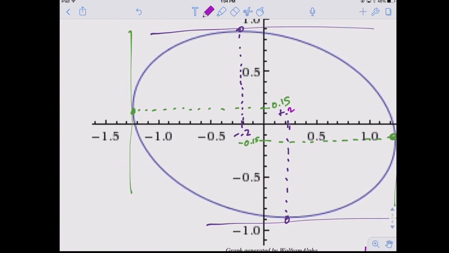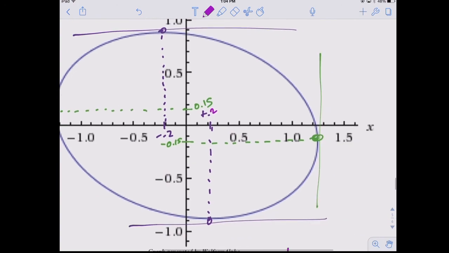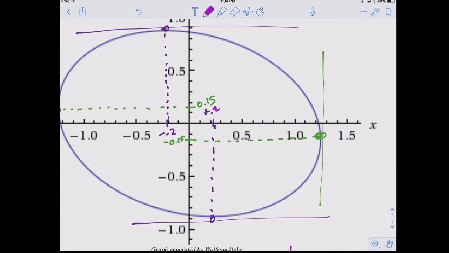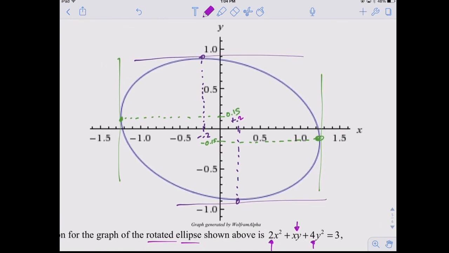So if you go up to 0.15 and go to the left, there you see your vertical tangent, and then by symmetry you go down and go across, and you see that you have your vertical tangent. So we didn't find the accompanying x values for the vertical tangents or the y values for the horizontals, but we could. The point is still to illustrate that we can find information analytically from a graph without actually having the graph, and now we can trust our methods.